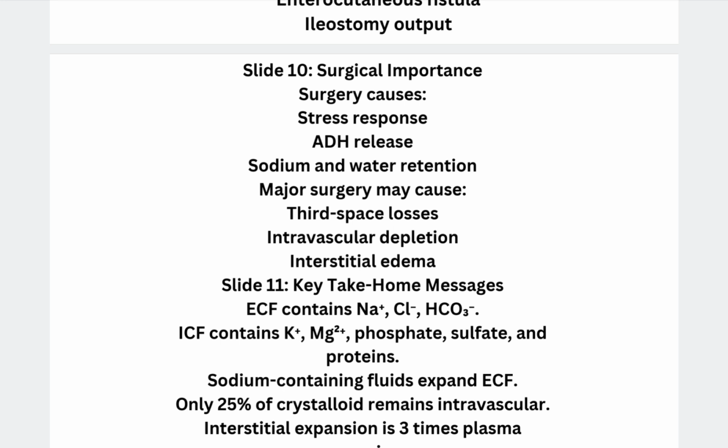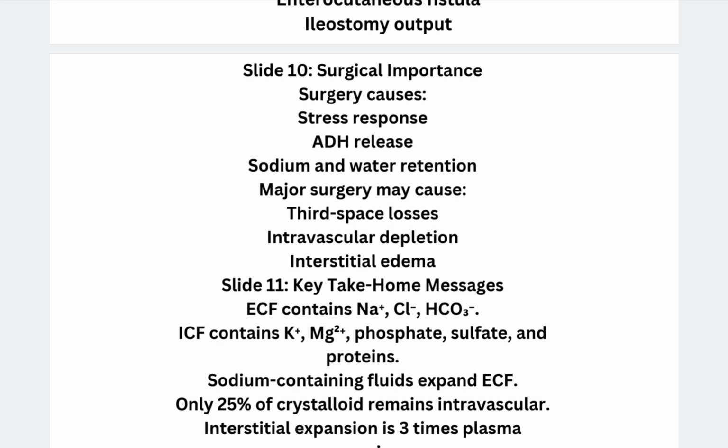There are also third space losses, and due to surgery or trauma, the patient will have endothelial injury due to excessive coagulation cascade activation. So the patient will have leaky capillaries, which leads to intravascular depletion of fluid, and the fluid accumulates as interstitial edema.